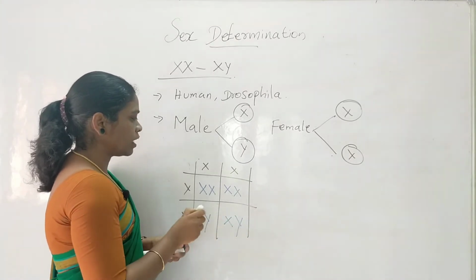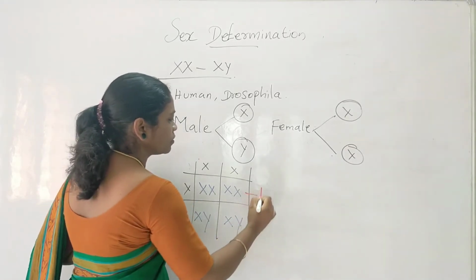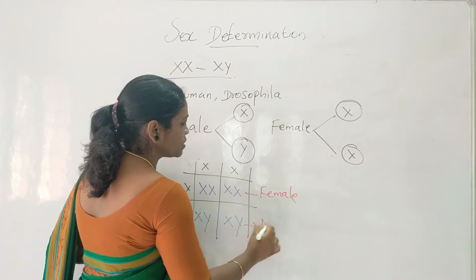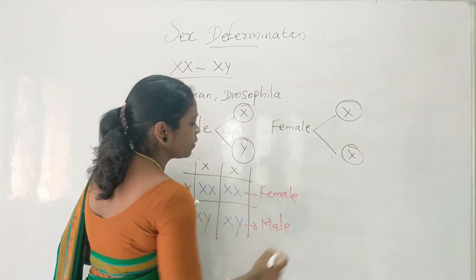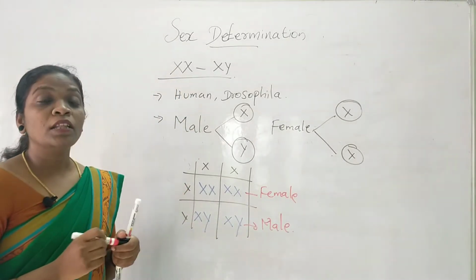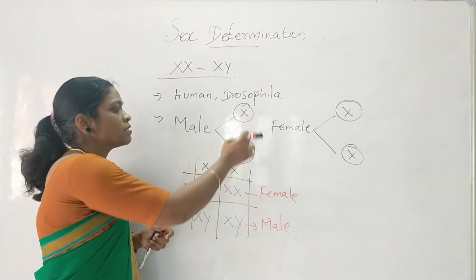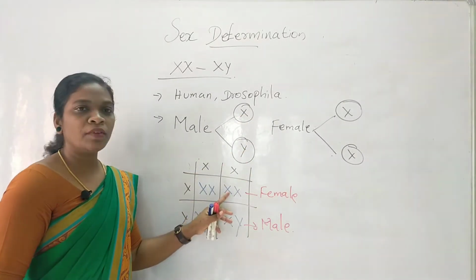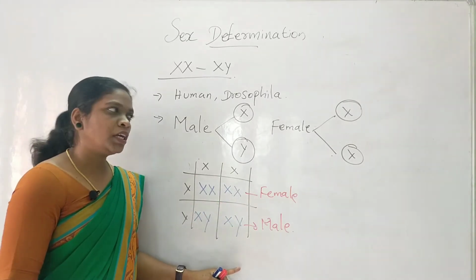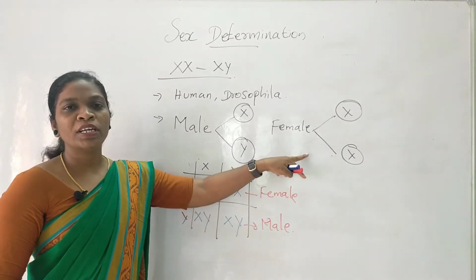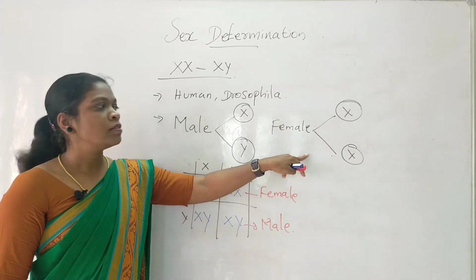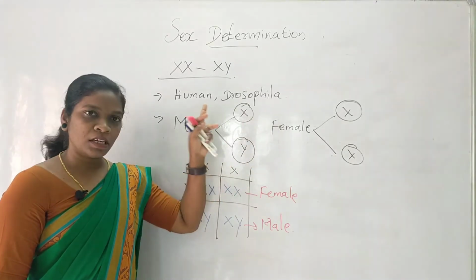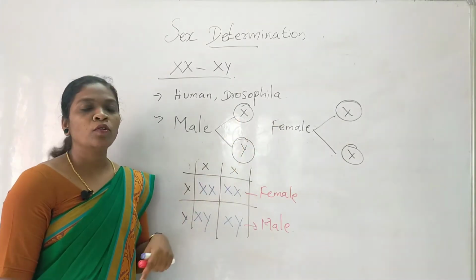These two individuals are female and these two individuals are male. Again, the male chromosome, that is X and Y, only determines the sex of the offspring, whether it is male or female. Because the female is going to produce only the same type of chromosome, she is not going to determine the sex of the offspring, but it is actually determined by the male chromosome.